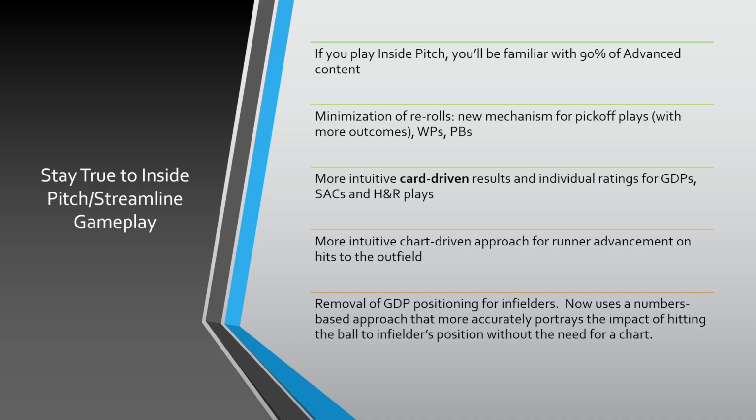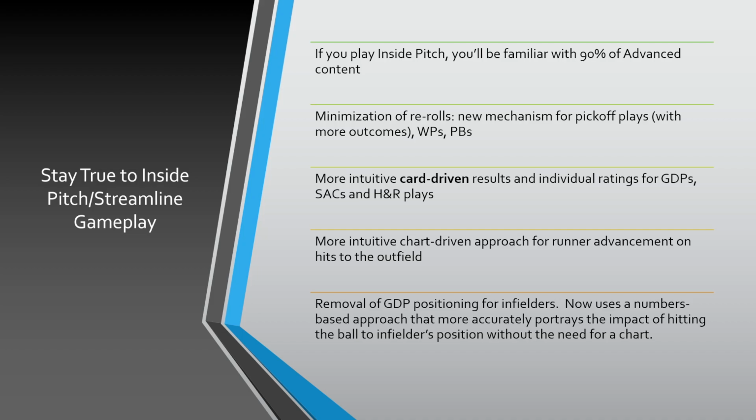Now we're getting to some really significant things. So more intuitive card-driven results. Again, results on the card rather than having to look up charts. So intuitive card-driven results and individual ratings for grounded double plays, sacrifice bunts, and hit and run plays. No longer do you have to say, hey, what's the guy's strikeout rating? Let me look up a chart to see where his hit and run fits or where his sacrifice bunt fits.